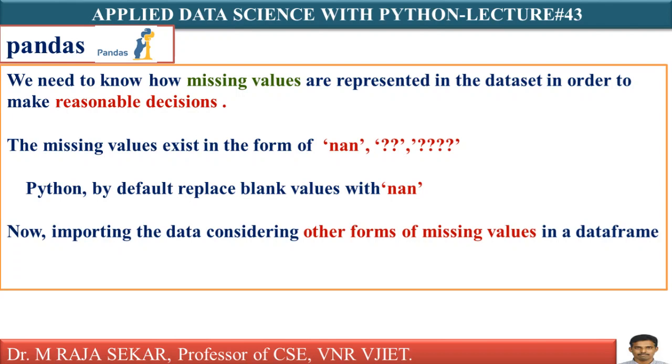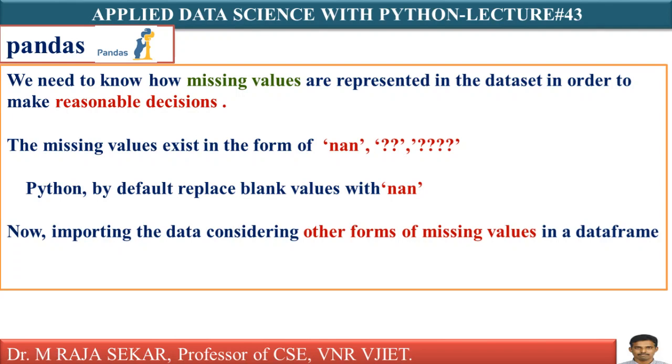Before importing, we need to know how missing values are represented in the data set. In order to make any reasonable decision, we need to be really sure how missing values are presented in our data frame, whether it is a blank value or zero value or any question marks and special characters.